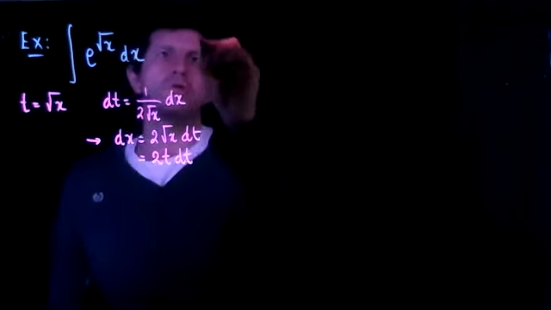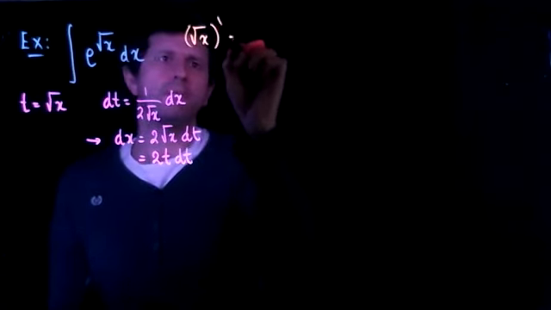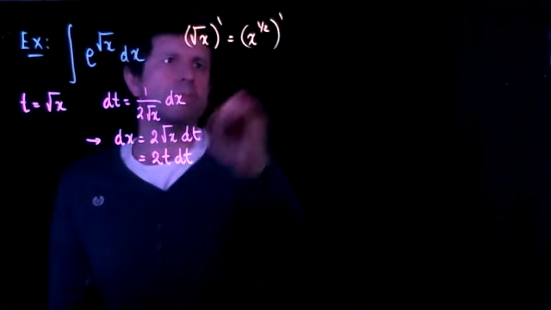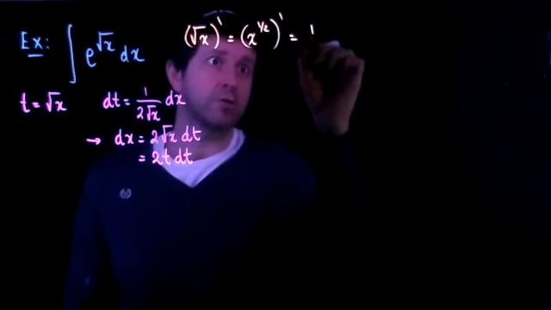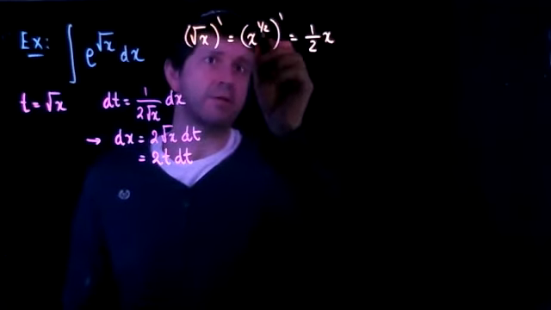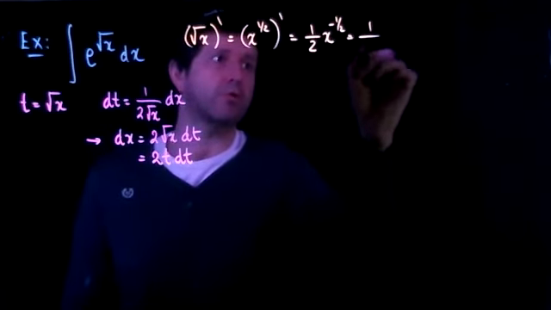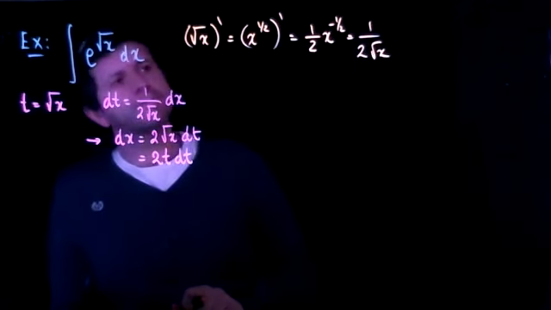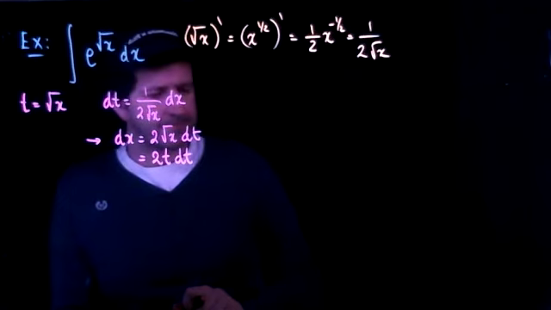Okay, so square root of x prime is like x to the 1/2 prime, and then you do the power rule. So it's 1/2 times x to the 1/2 minus 1, which is -1/2. And that's 1/2 x to the half. All right, thank you. I forgot. No problem. It's okay.